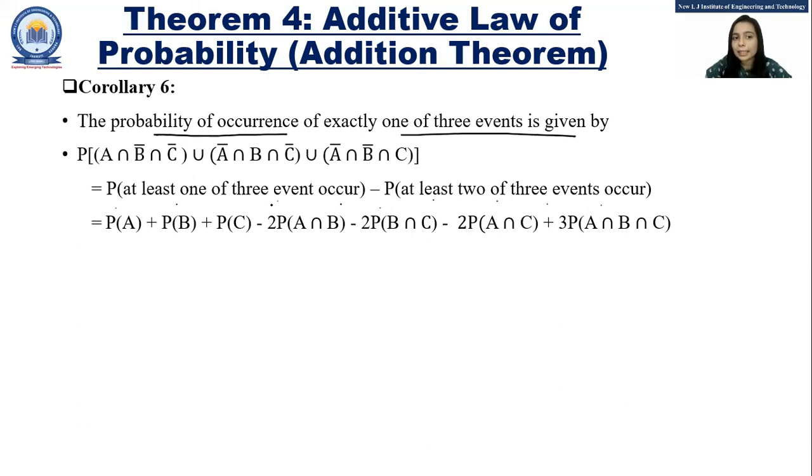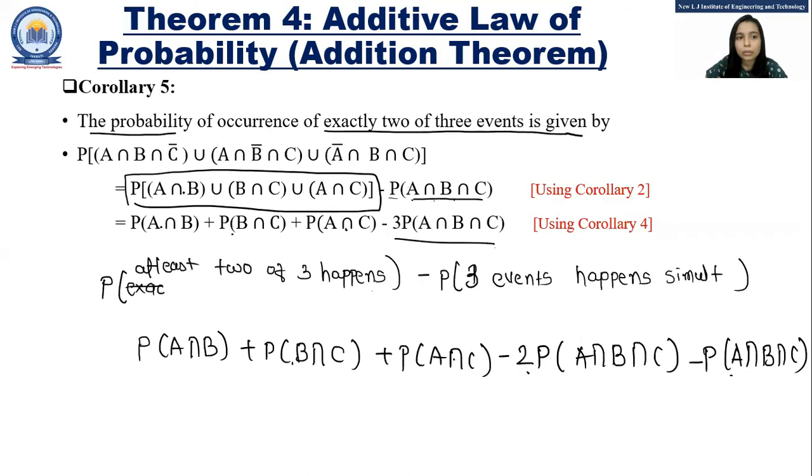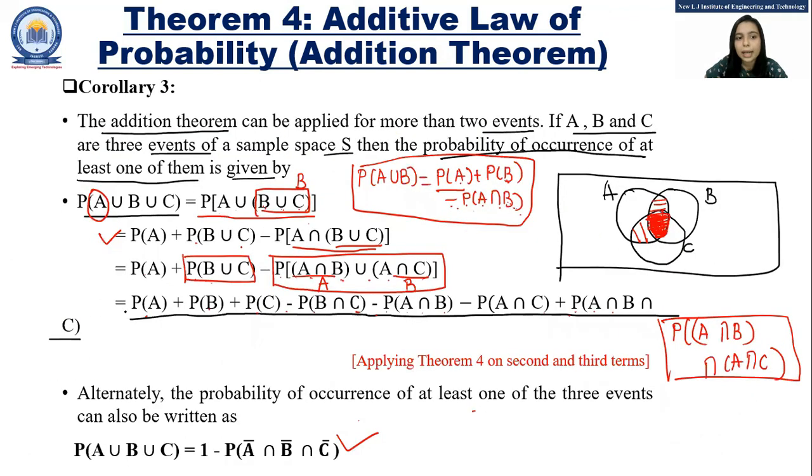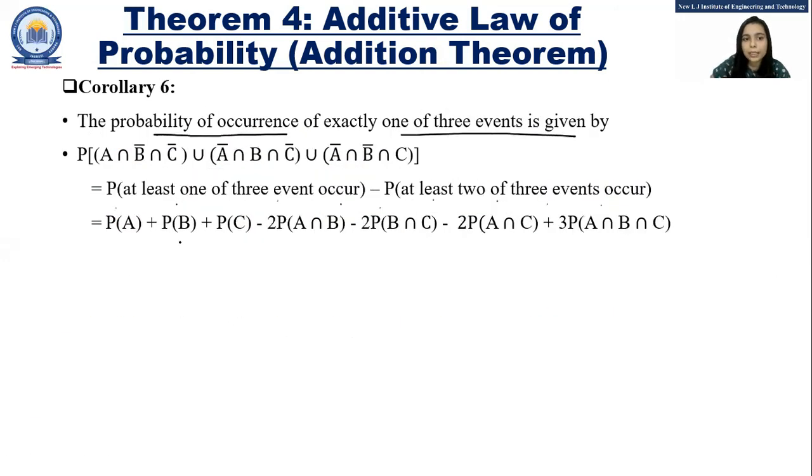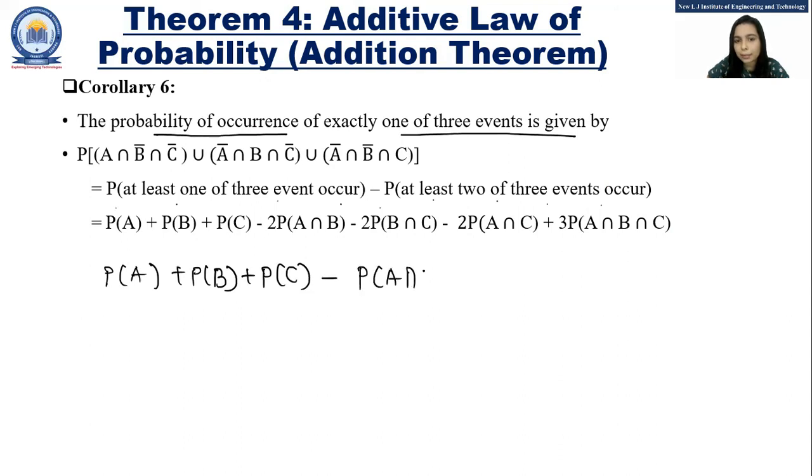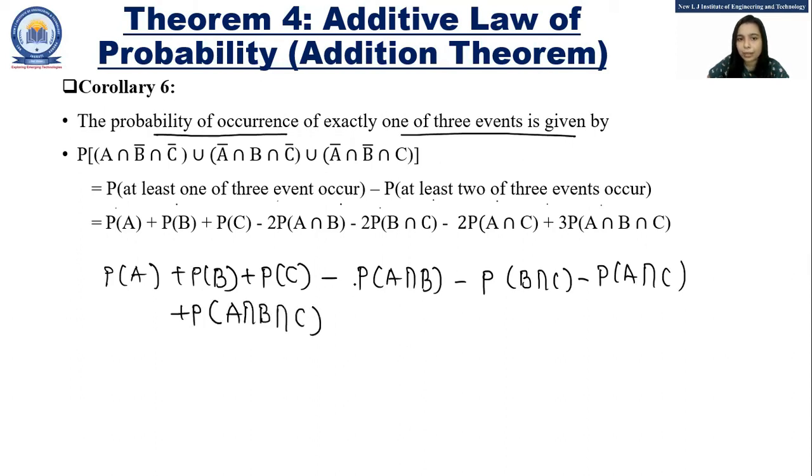Now the probability of at least one of 3 events occurs is given like this, as we have discussed. It is nothing but P of A plus P of B plus P of C, from corollary number 3, minus P of A intersect B minus P of B intersect C minus P of A intersect C plus P of A intersect B intersect C, minus P of at least 2 of 3.